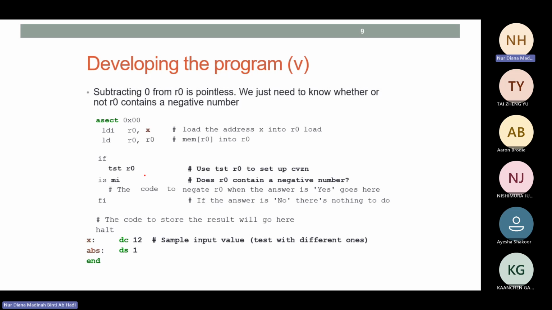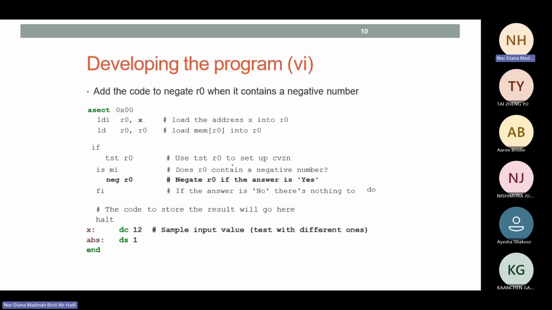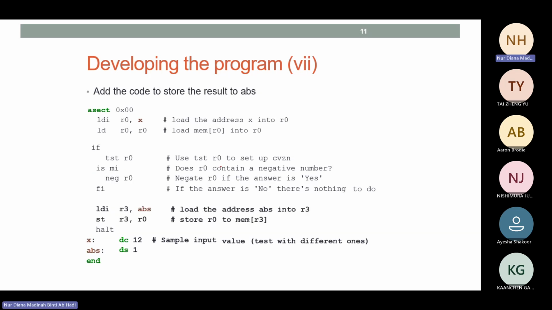As you can see, this one is meant to find out whether it is negative or not. Then we add code to negate your R0. This would be your condition, your sequence statement. Only then you add the code to store your result to your ABS. This ABS is already declared previously.